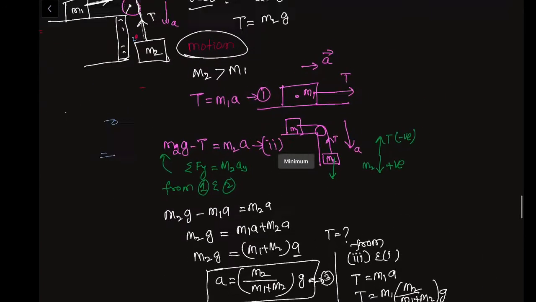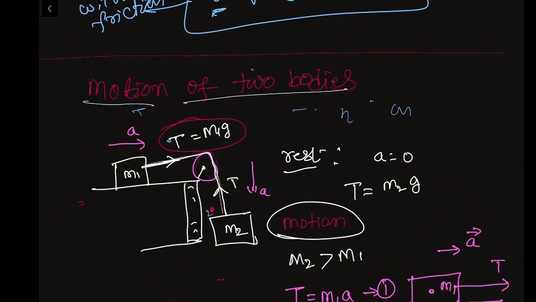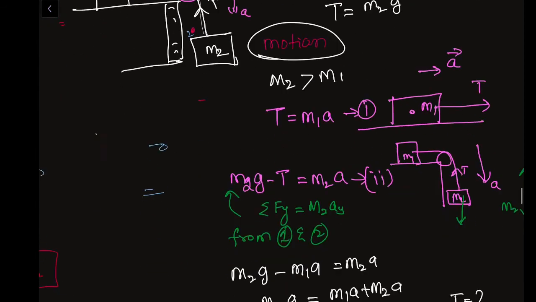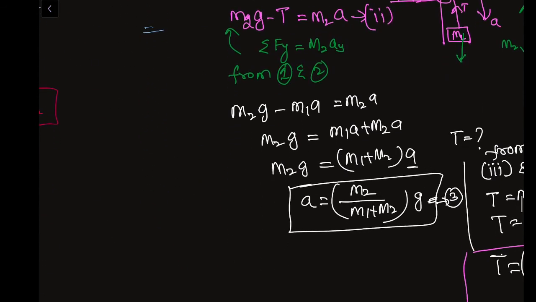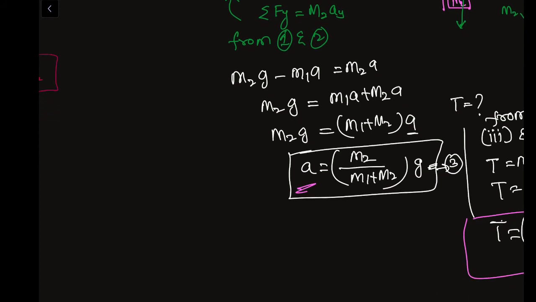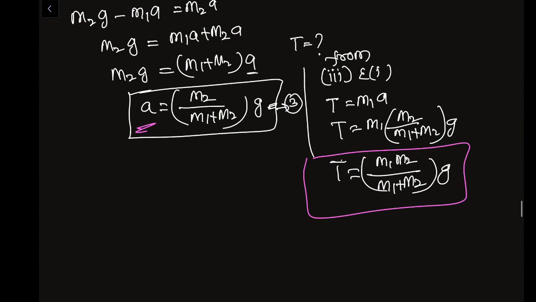We use this for the motion of two bodies with one pulley. In this situation, acceleration A is equal to M2 by (M1 plus M2) into G, and then tension T is equal to this.